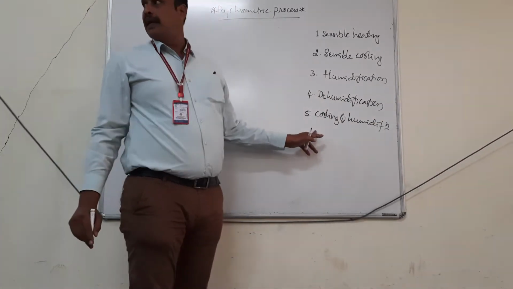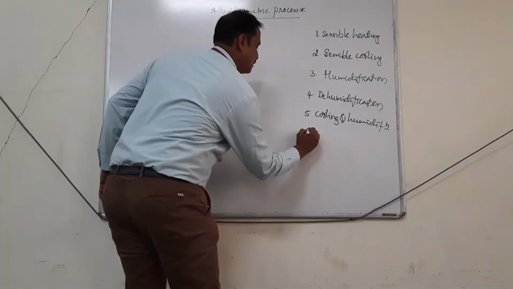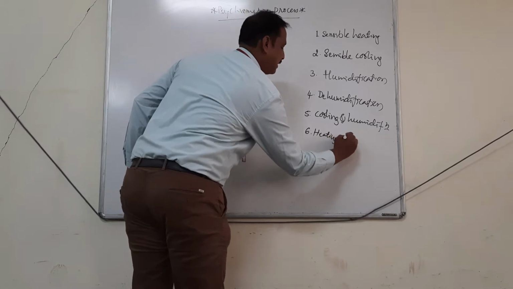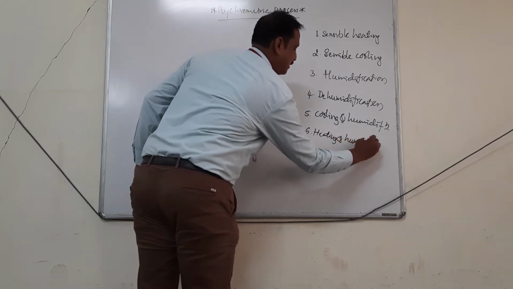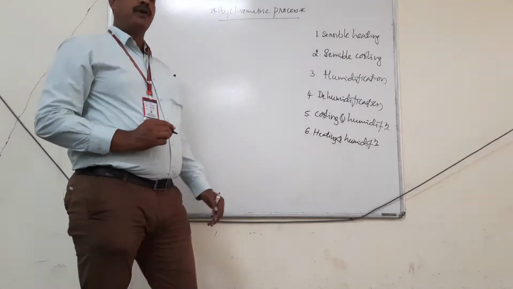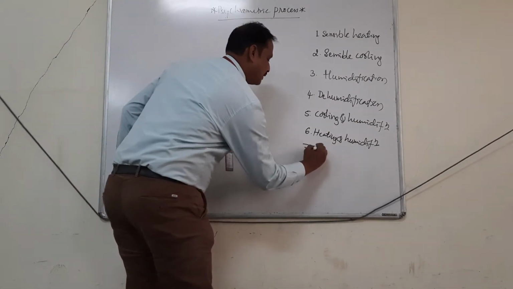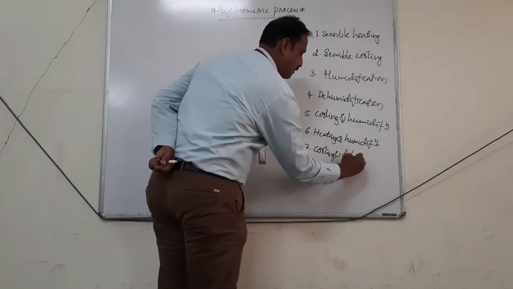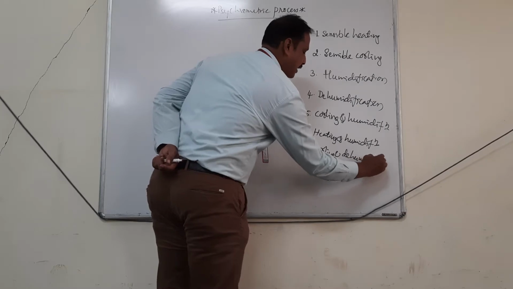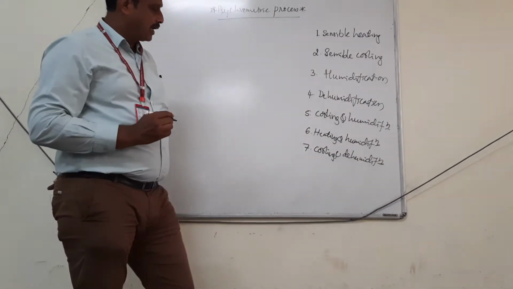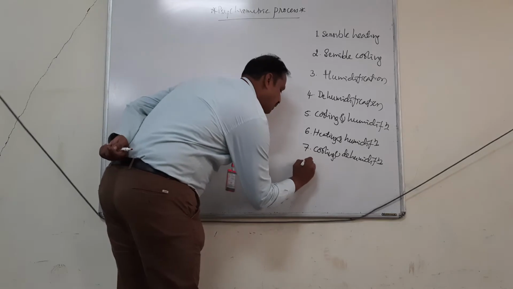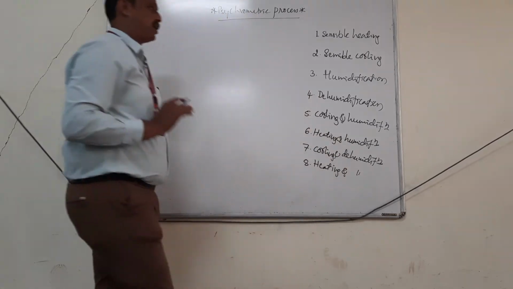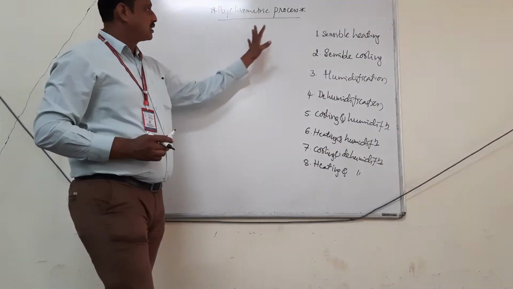Sixth one is heating and humidification. Seventh one is cooling and dehumidification. Similarly, eighth one is heating and dehumidification. So these are the 8 processes involved in the psychrometric process.